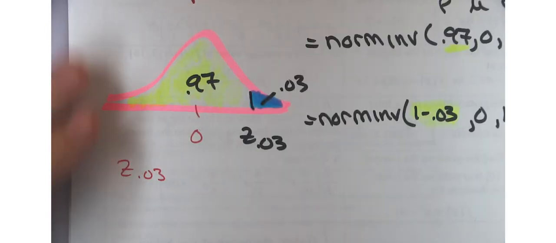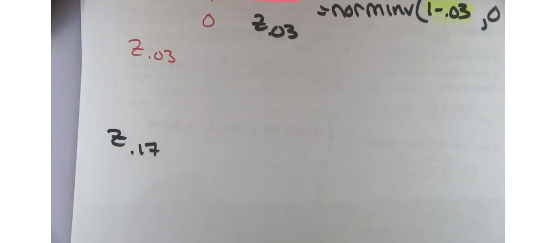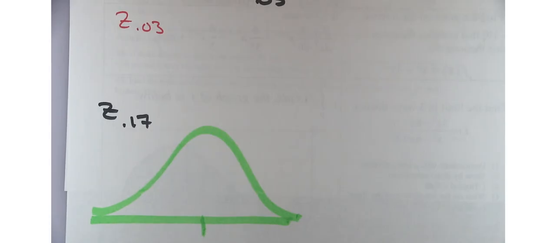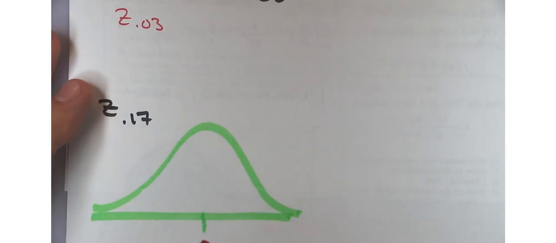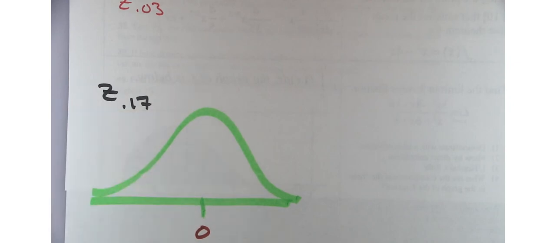The next one I want to try is Z sub 0.17. I draw these things and ask you to draw them to have a good reference. You're not going to catch minute mistakes, but you can catch big mistakes. So I got a 0 here. What does Z sub 0.17 mean?